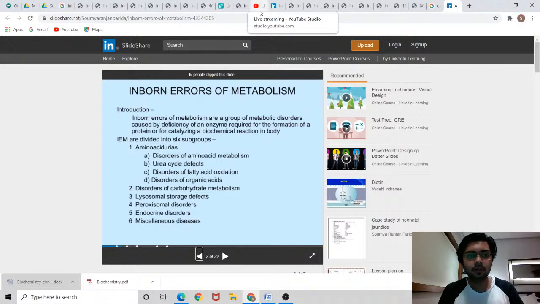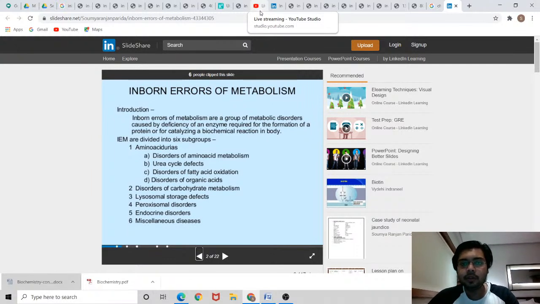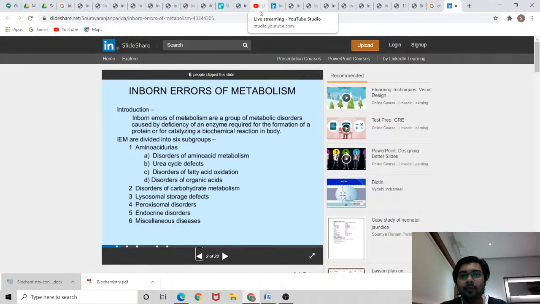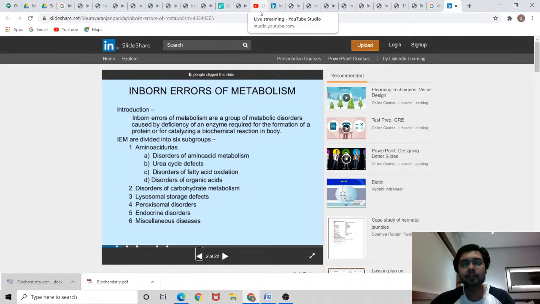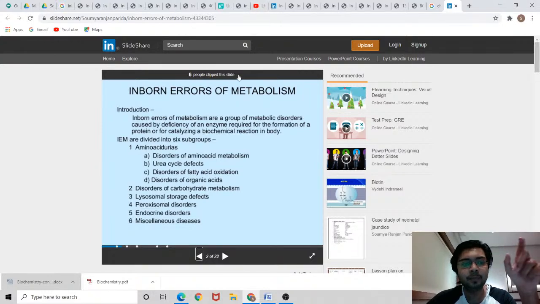Okay, so starting with the inborn errors of metabolism. We will not go into very much detail for today. It will be a short session. The only thing that I will emphasize is how you can pick different diseases and what type of question they can ask from inborn errors of metabolism, because your recent AIIMS and NBE have asked.